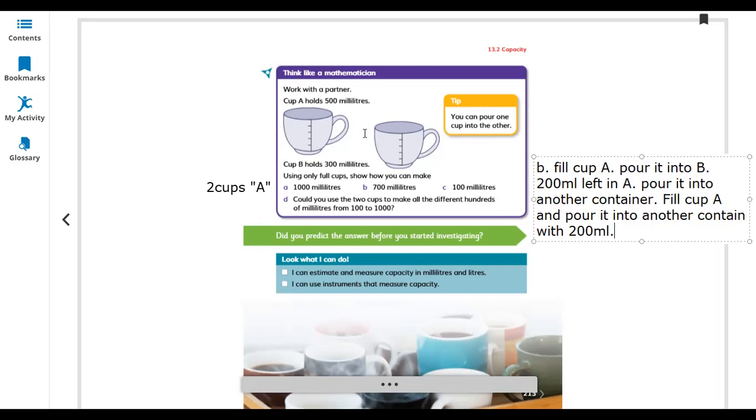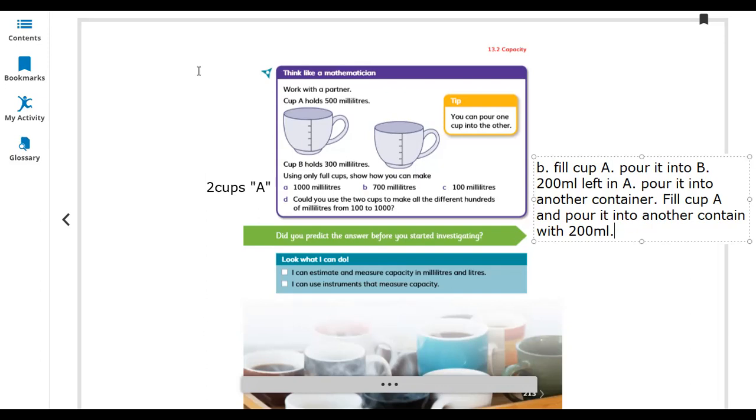So first of all, you're filling cup A with 500. From 500, we will pour inside 300. So here remaining 200. After this, now here 300 and here 200, that's 500. So pour 200 into another container.